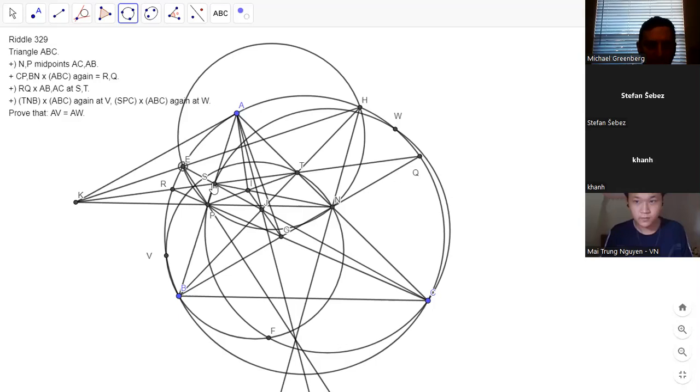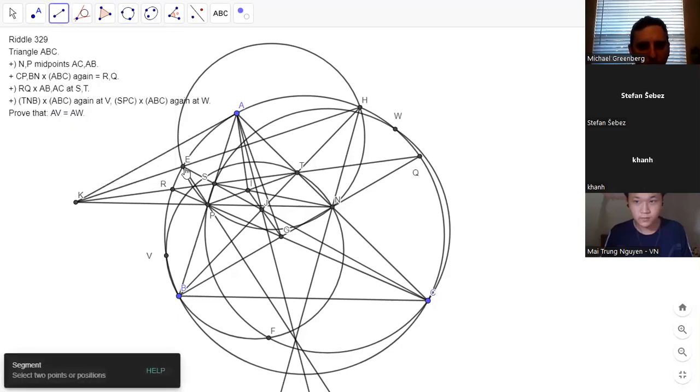Let me check this also. No. Also, it looks like EN and PH intersect on IG.